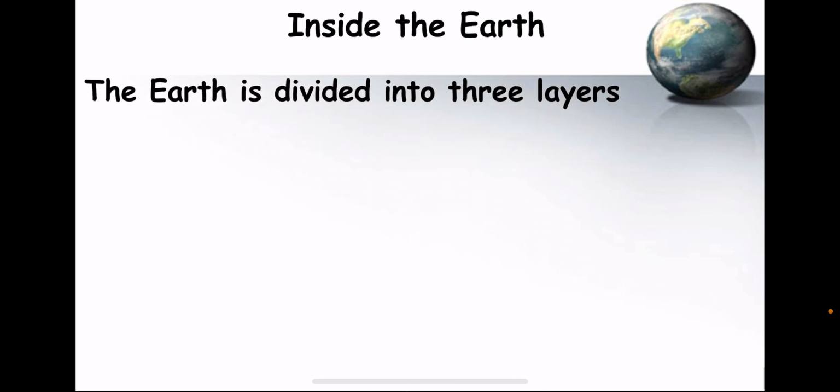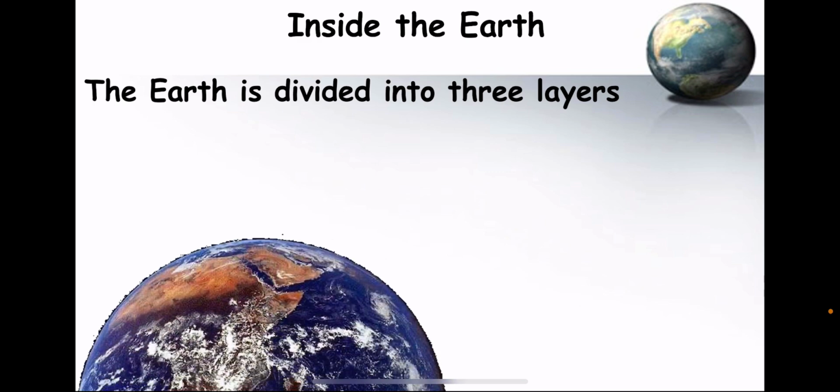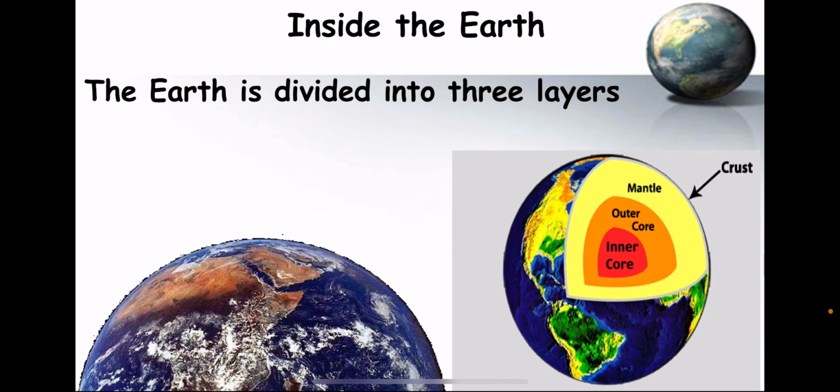The earth is divided into 3 layers. Have you seen the earth's outer look? Everybody has seen the earth like this. But today I will show you how the earth looks inside. From inside, the earth looks like this. You can see this is the earth and these are the layers.